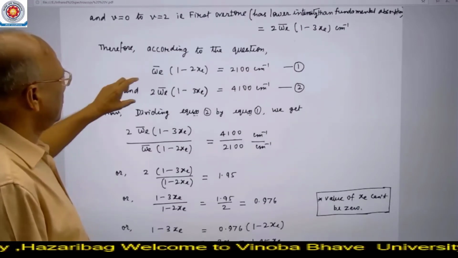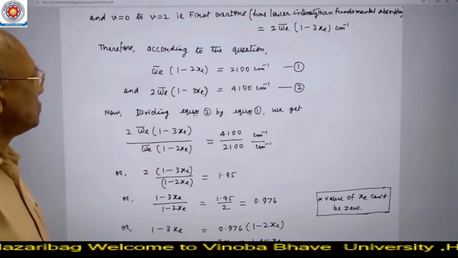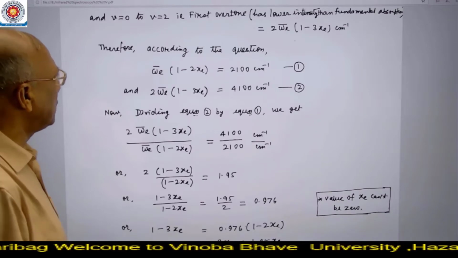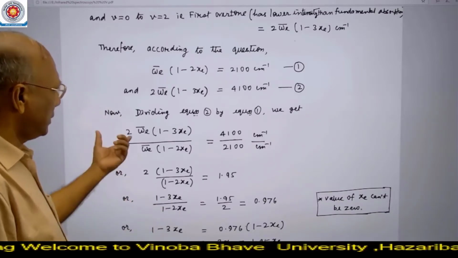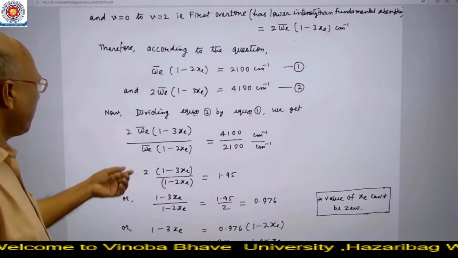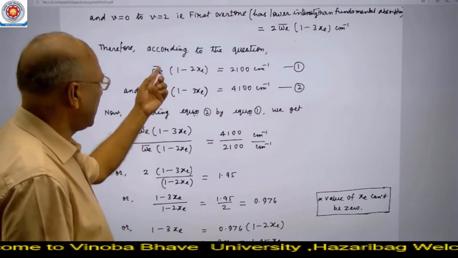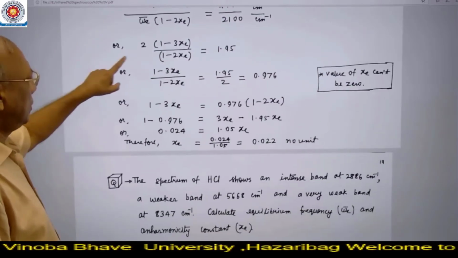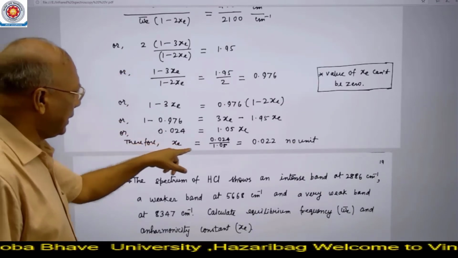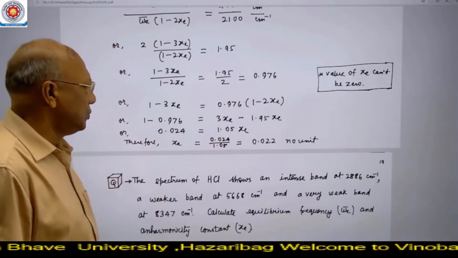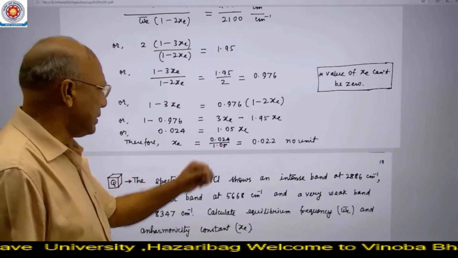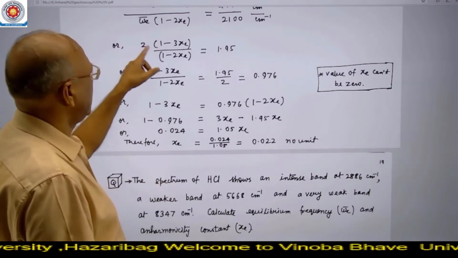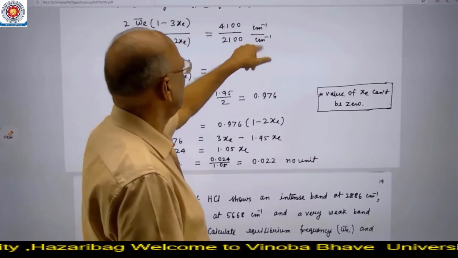Now with the help of these two equations, we have to calculate the value of xe. It is nothing but simplification. When we divide equation 2 by equation 1 and simplify, we get the value of xe equal to 0.022, and it has no unit because per centimeter cancels out.